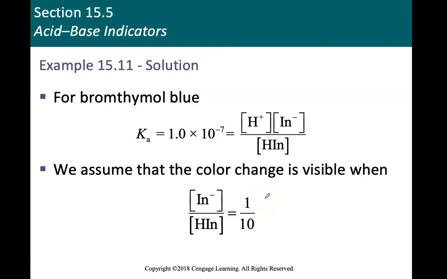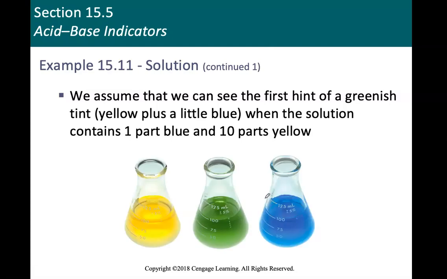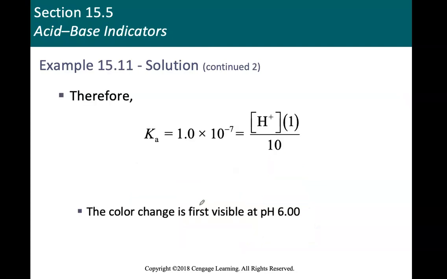So we assume that we see the first hint of greenish when the solution contains 1 part blue and 10 parts yellow. In experiments, we actually see this change in color.